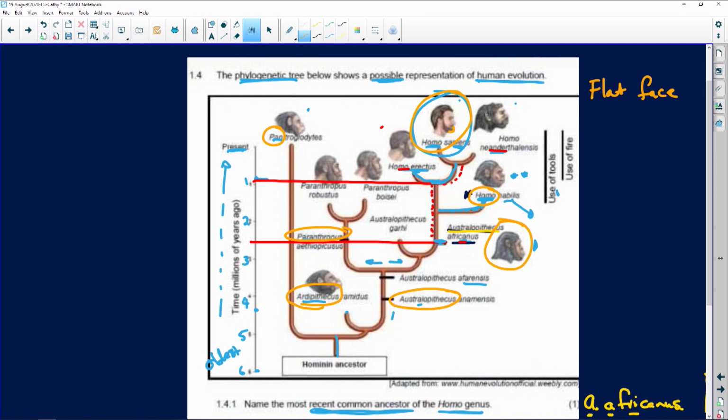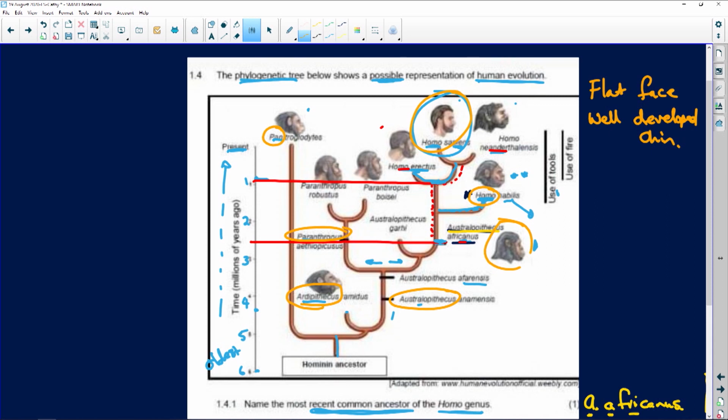So you can say, well developed chin. Okay, you can see it. There's the chin. There's no chin here. It just goes down like that. What else can you see?